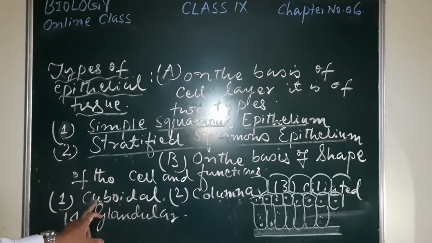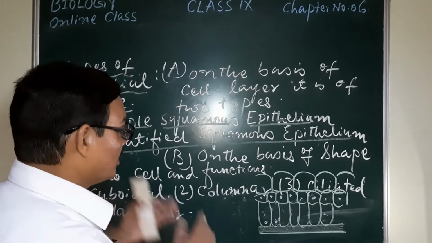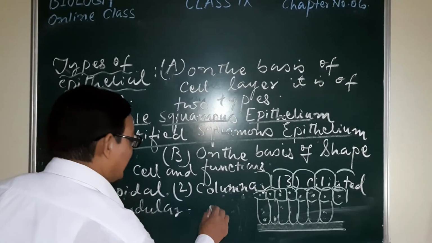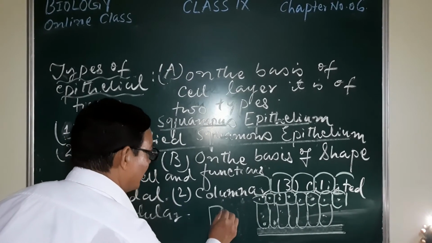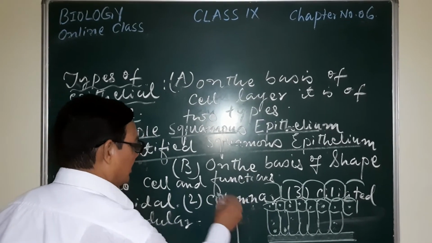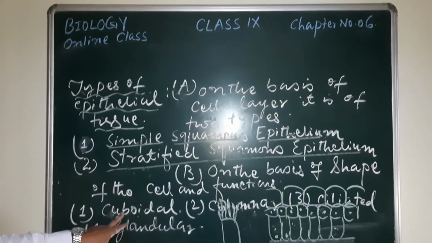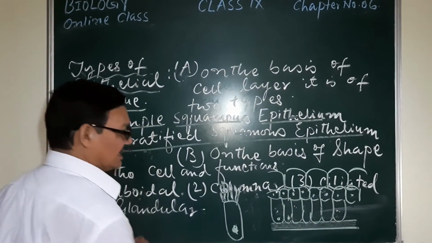And if the cuboidal or columnar cells also possess cilia, which are projections like this, then it is ciliated.